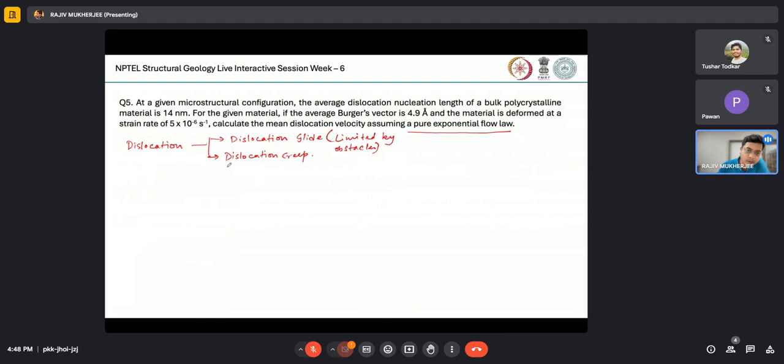Dislocation creep involves dislocation glide as well as climb.